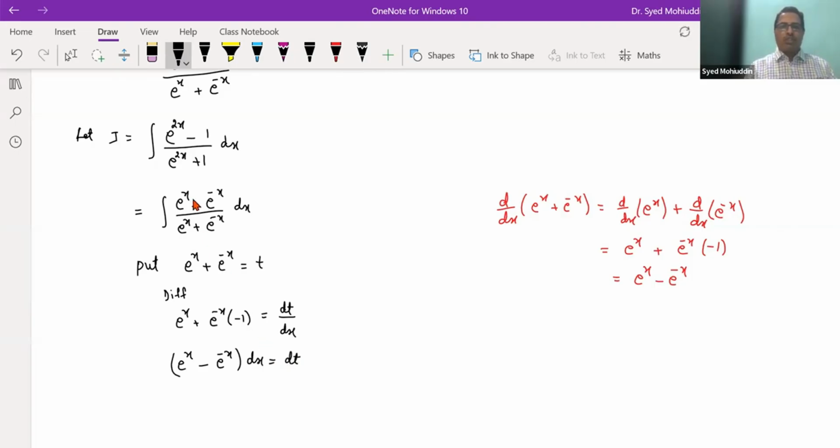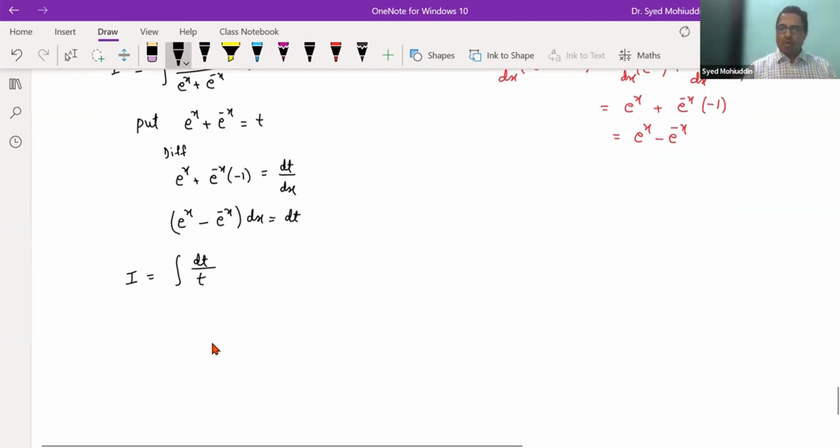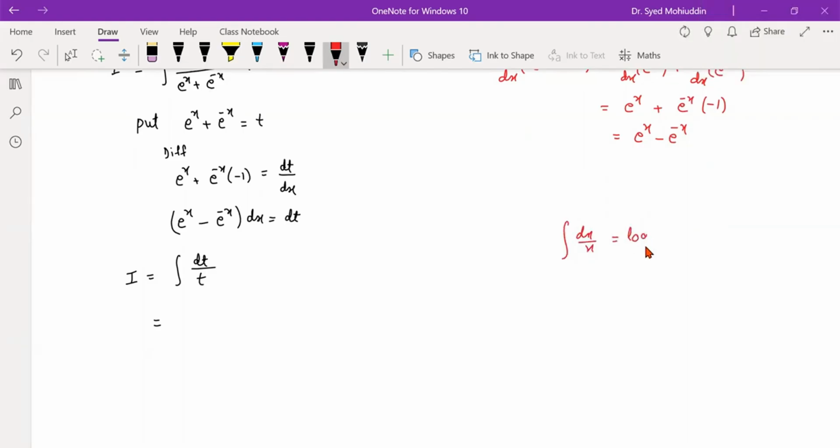So now you can put this value back over here in the given integral. Therefore, you'll be getting I is equal to integral of dt divided by t. So it is integral of dt by t. What will be its integral? Yes, dx by x form: log of mod x plus c.